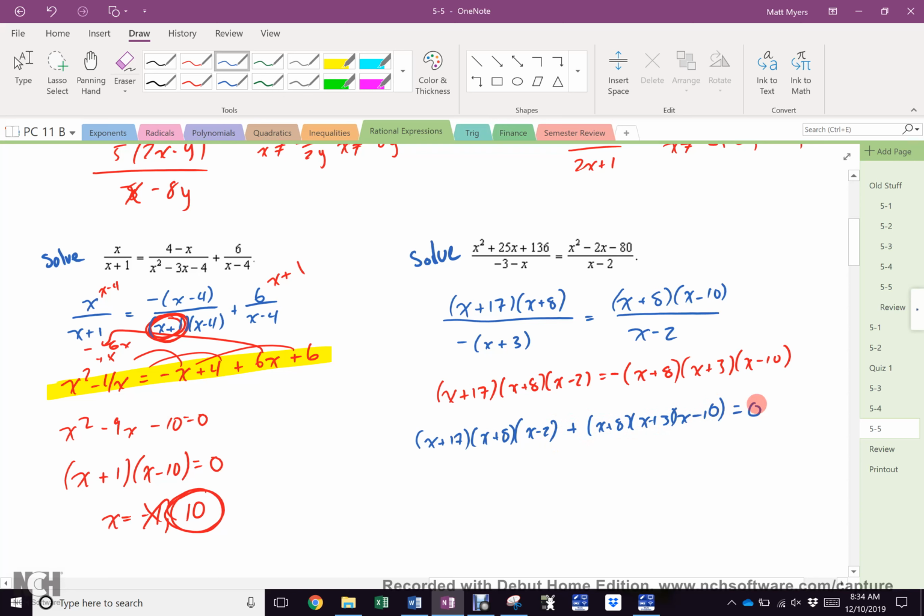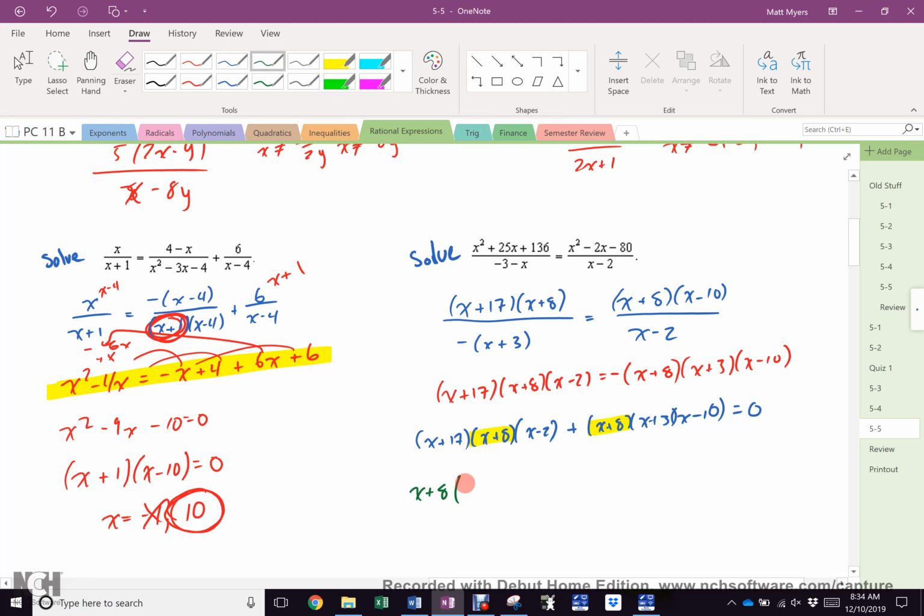We're still scared. It's scary. It's ugly. But it's a step we're familiar with, right? Move everything to one side, yeah? What do you see there and there? Which makes them common factors, doesn't it? So what are we allowed to do with all common factors? We're allowed to bring them out, right?